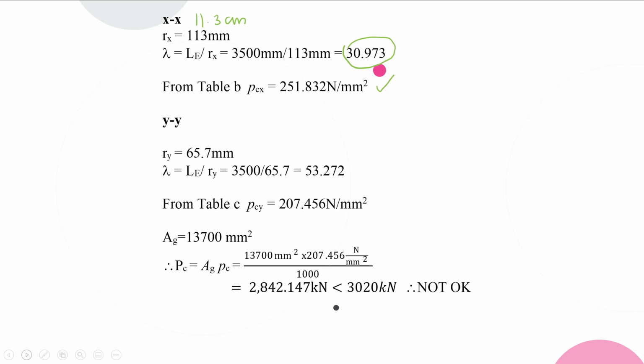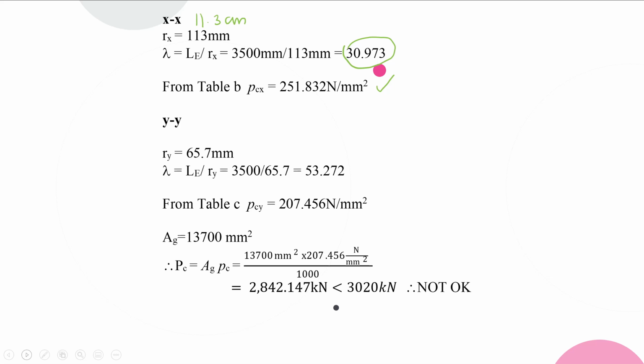And then we calculate the slenderness ratio. Just pick the value of effective length divided by the radius of gyration. Y axis, you get 53.272. And again, we need to look at which table yang kita nak check untuk kira the value of PC, which is the compressive strength.